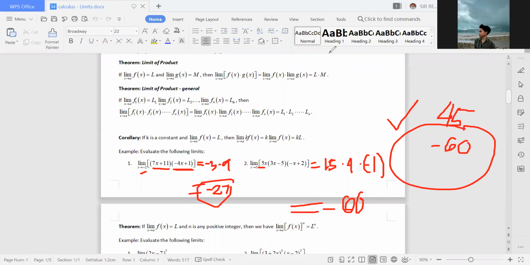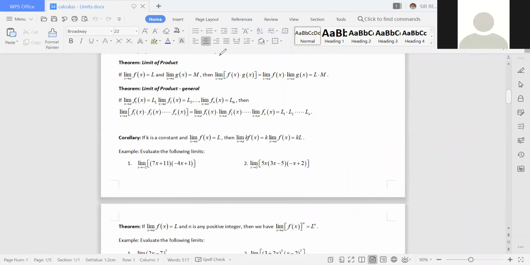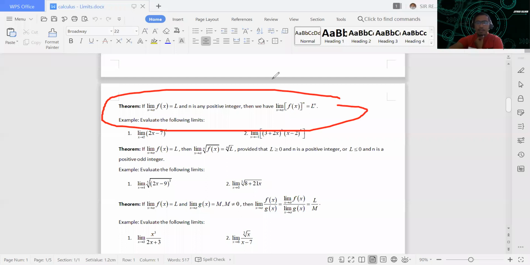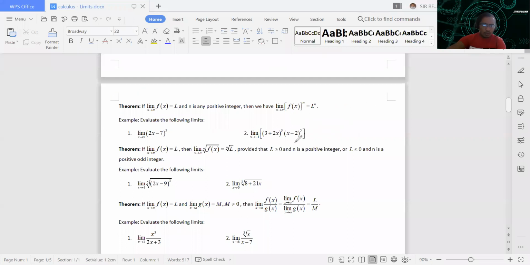Okay. So the next theorem that we will have here is this one. The limit of f of x as x approaches a is equal to L, and n is a positive integer.